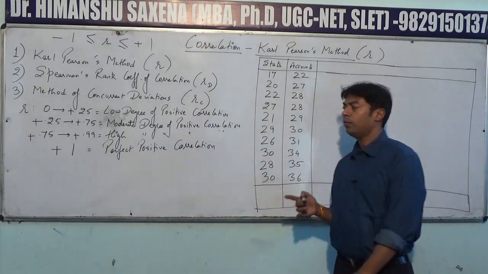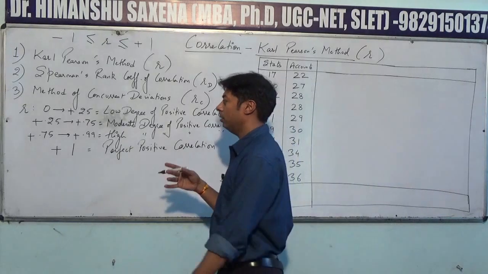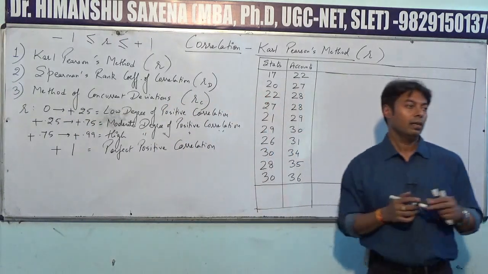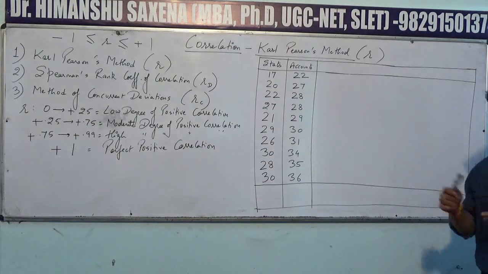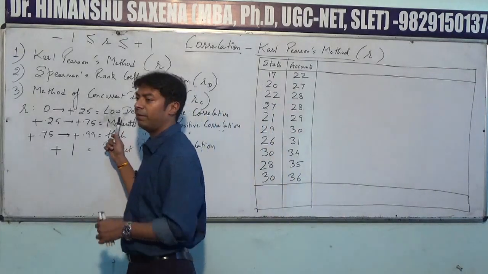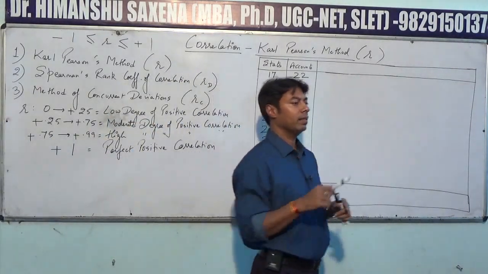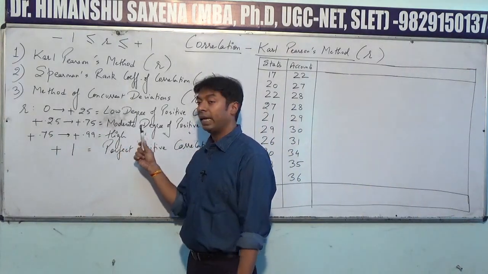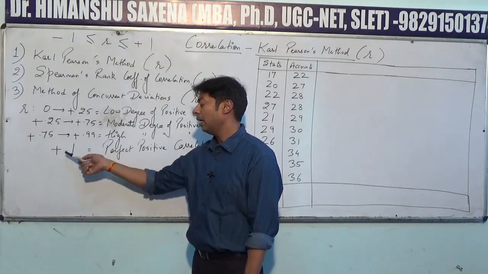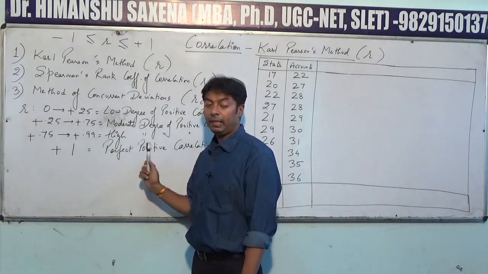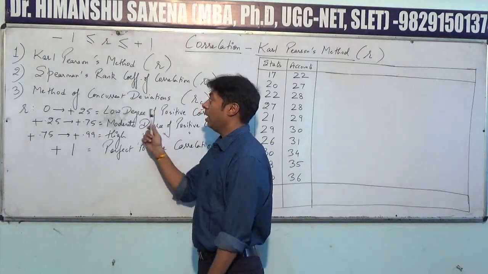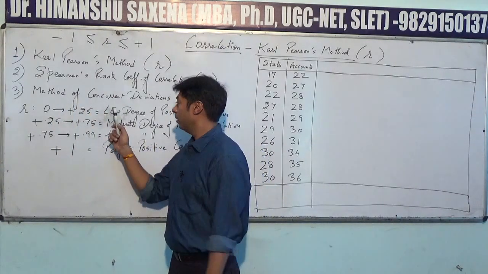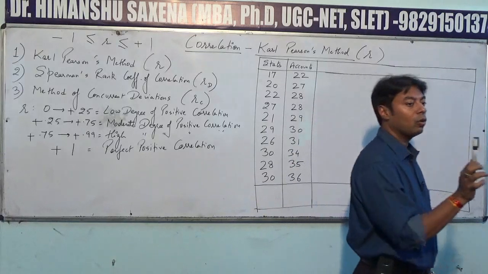So the value of correlation will decide the degree of correlation. If it is between 0 to 0.25, that means there is a low degree of positive correlation. If it is between 0.25 to 0.75, that means there is a moderate degree of positive correlation. If it is between +0.75 to +0.99, there is a high degree of positive correlation, and +1 indicates perfect positive correlation. Now vice versa, if the value lies between 0 to -0.25, then there is a low degree of negative correlation.